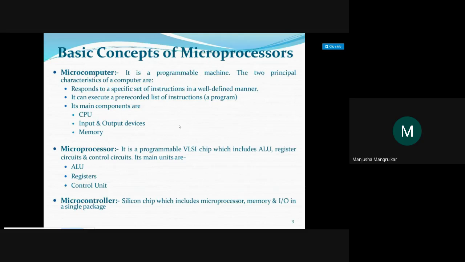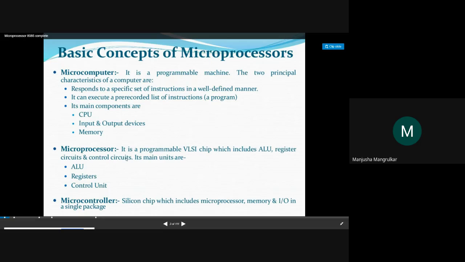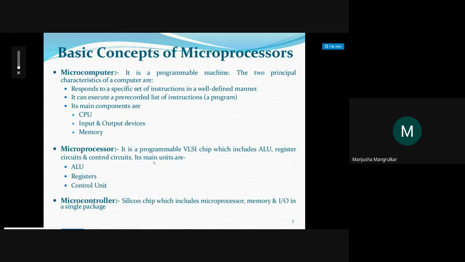Now, what is a microprocessor? A microprocessor is a programmable VLSI chip which includes ALU, register circuits, and control unit. Its main units are the ALU, registers, and control unit.